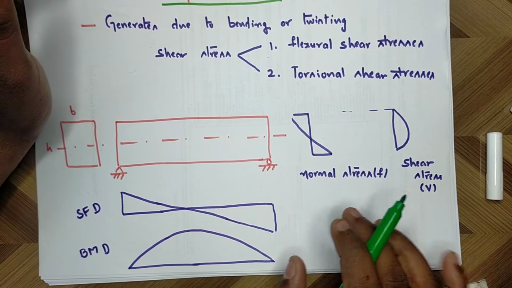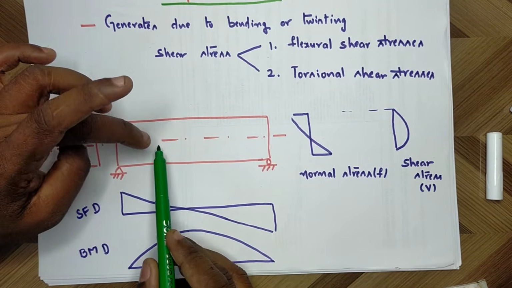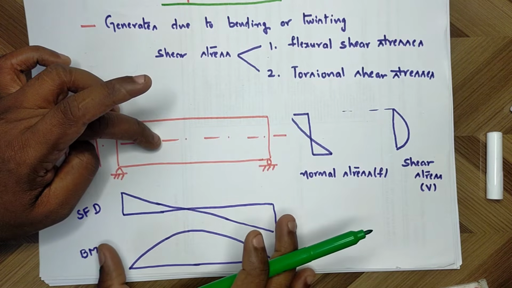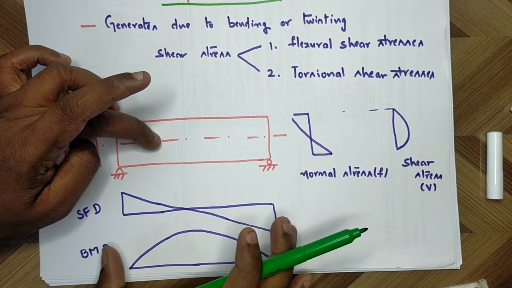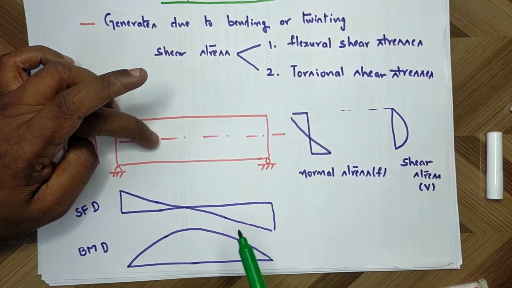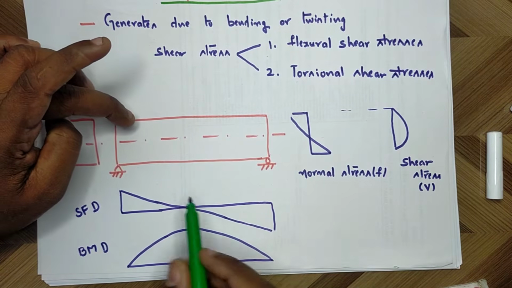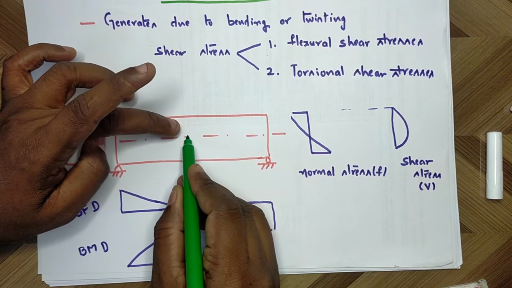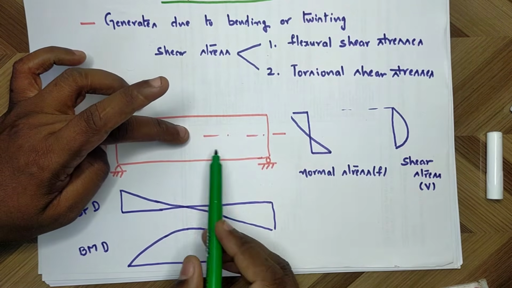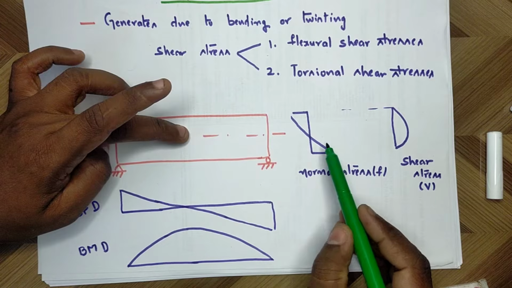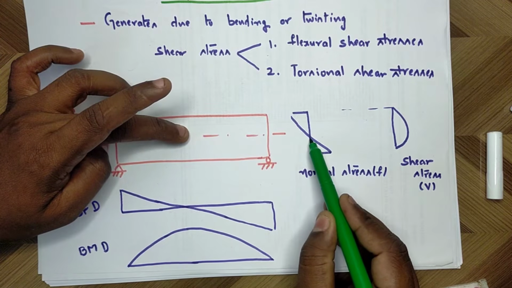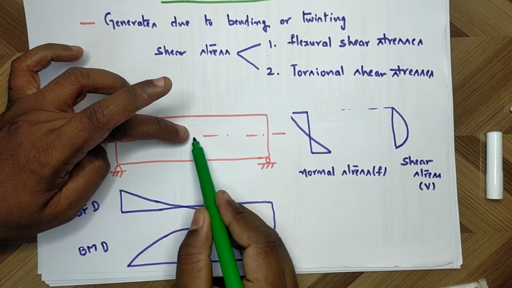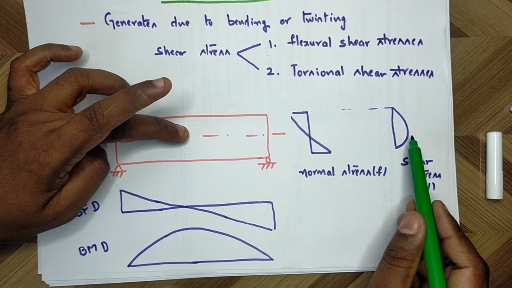That's why at every point there will be a combination of stresses in length direction and stresses in y direction. Suppose you observe at the neutral axis at midpoint, I am taking a point here. At this point, normal stress is 0, but shear is maximum.